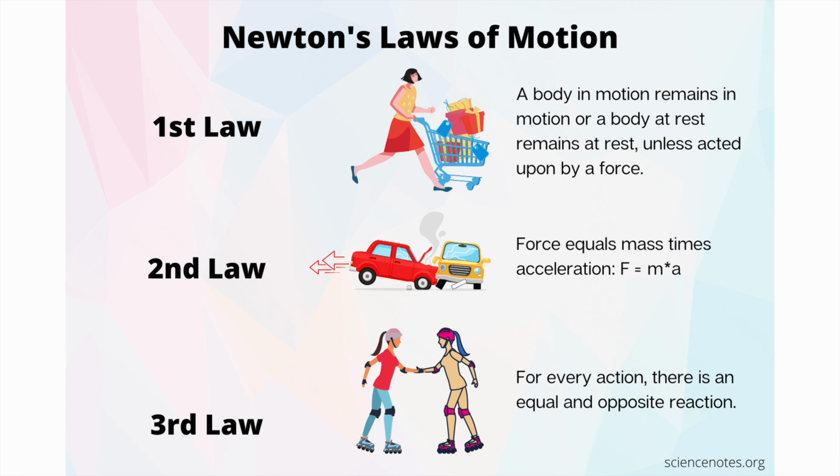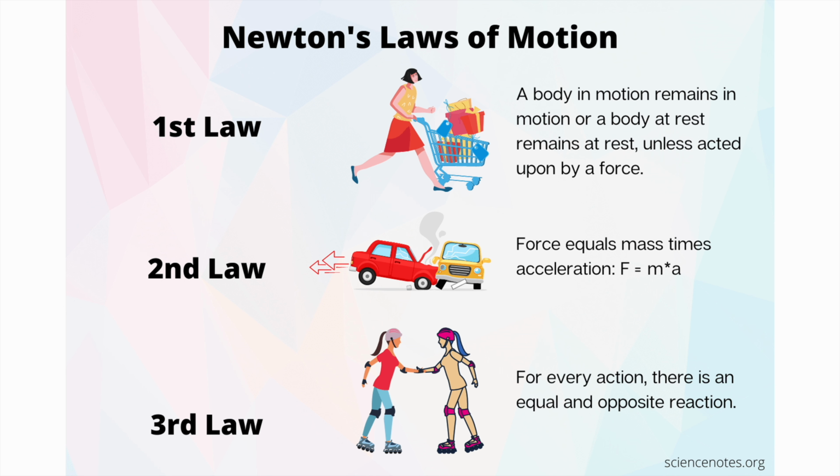Let's look at Newton's laws of motion. The first law is that a body in motion remains in motion, or a body at rest remains at rest, unless acted upon by a force. What does this mean? If you are to, for instance, look at your phone. Let's say your phone is on the table. Your phone is going to remain on that table forever if no one touches it or if nothing happens to the table, right?